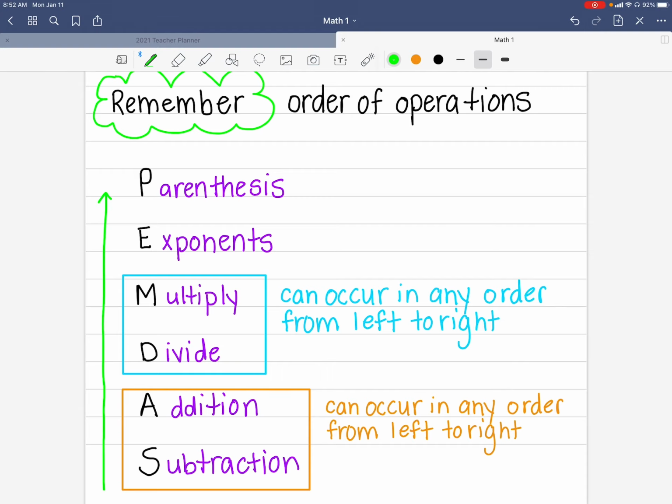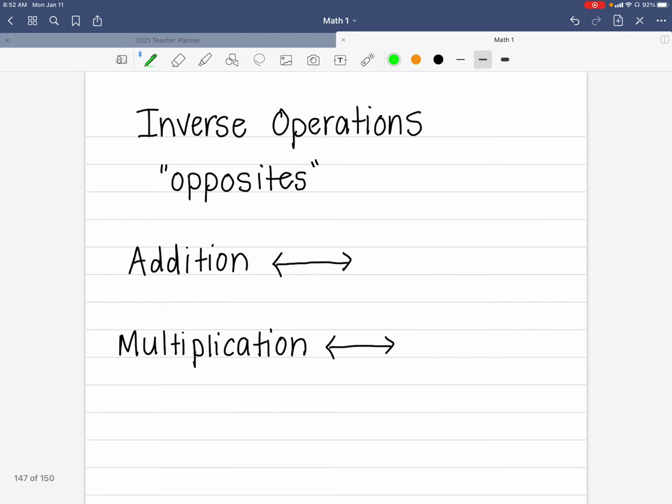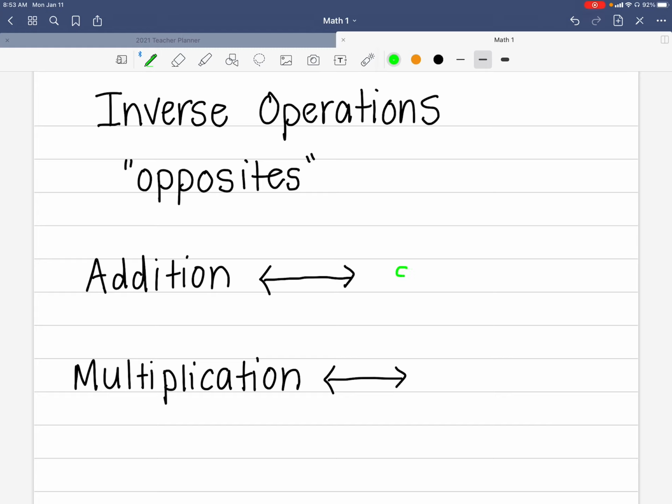Okay, so when we look at these values, what is an inverse operation? Inverse means opposites. If I have addition, my opposite value is going to be subtraction. Just like if I have subtraction, my inverse value is addition.